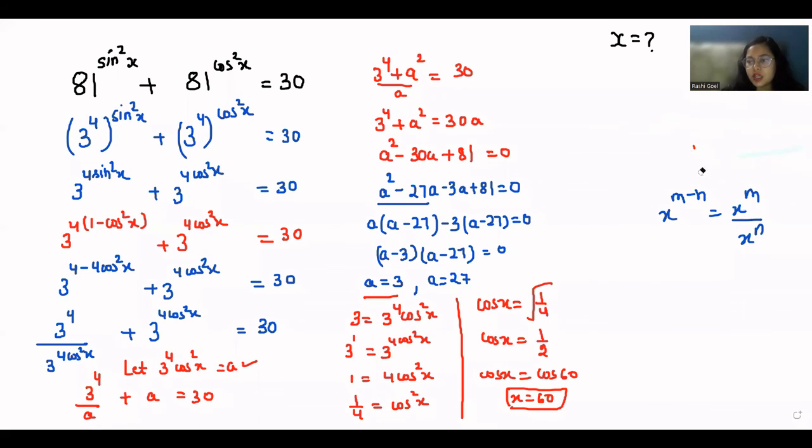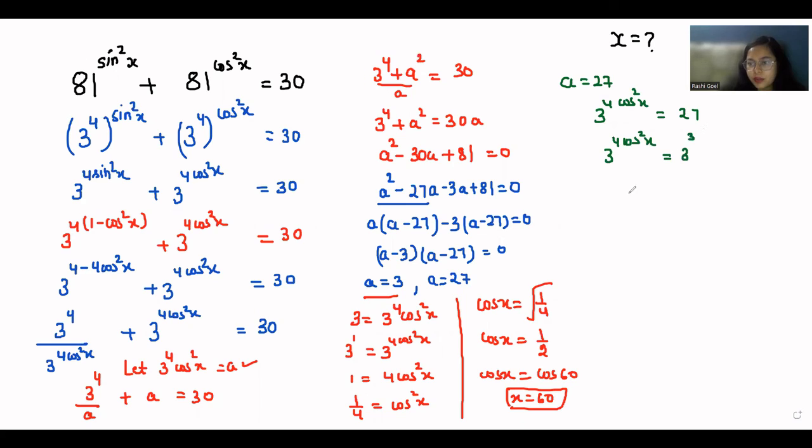Now coming to this case when a is equal to 27. So 3 power 4 cos square x is equal to 27, that is 3 power 3.